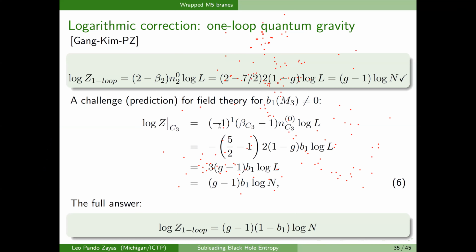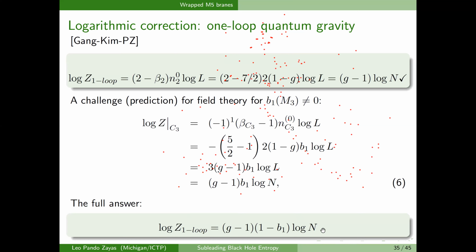That would also contribute to the one-loop effective action, and it contributes precisely this term. So this was the full answer for arbitrary manifolds. That was a challenge at the time, but now people have done the computation more generally on the field theory side, and they obtain precisely this expression.